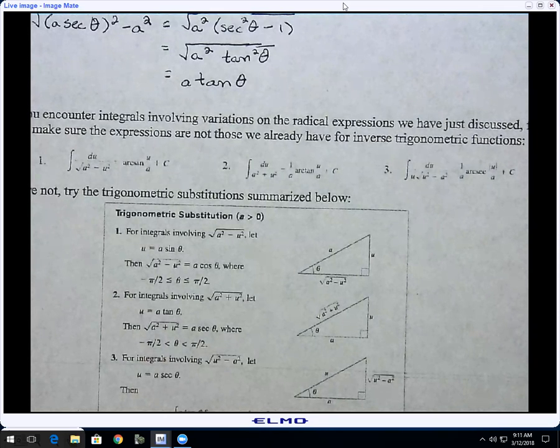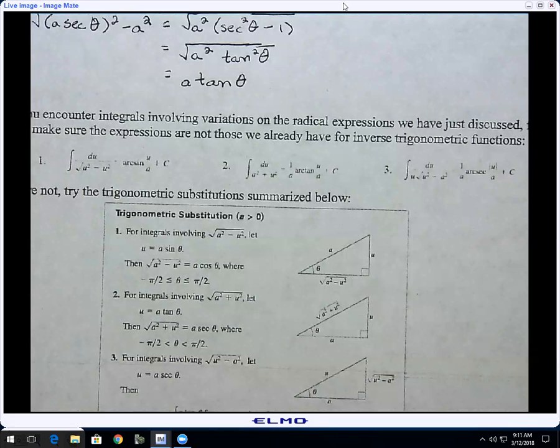I'm going to see if it fits the pattern of square root of a squared minus u squared, or a squared plus u squared, or u times the square root of u squared minus a squared. If it's one of those 3, I already know how to integrate it. But if it isn't one of those 3, I'm going to use these 3 triangles to integrate something I couldn't have integrated before. All right.